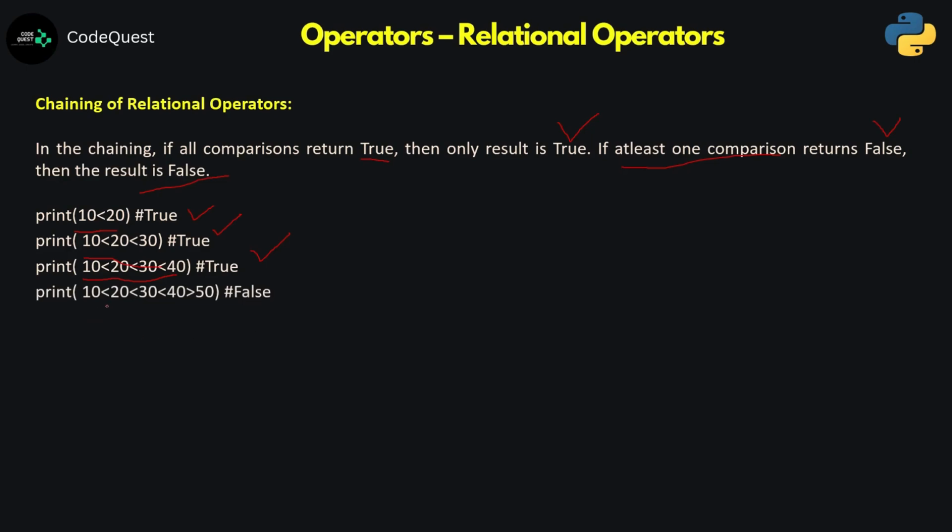But see here, this 40 greater than 50 condition is false. Even though 10 less than 20, less than 30, less than 40 might all be true, because one of the comparisons has become false, the result is going to be false.